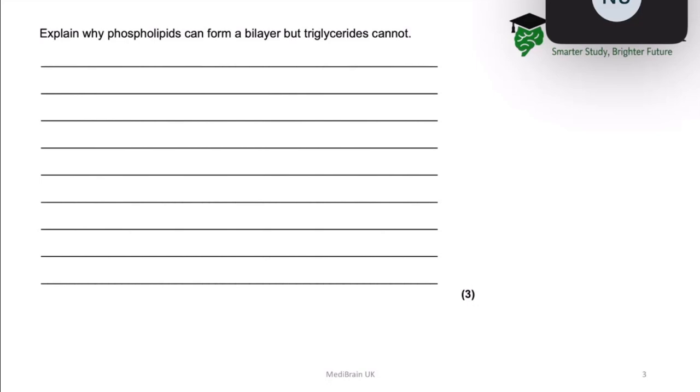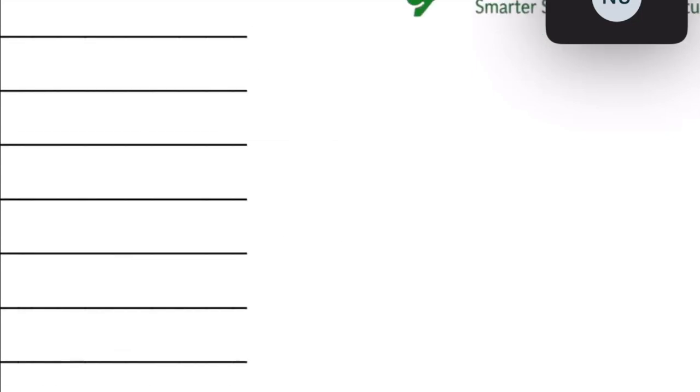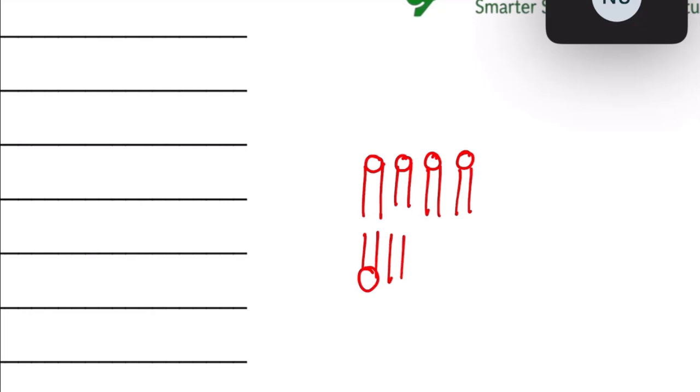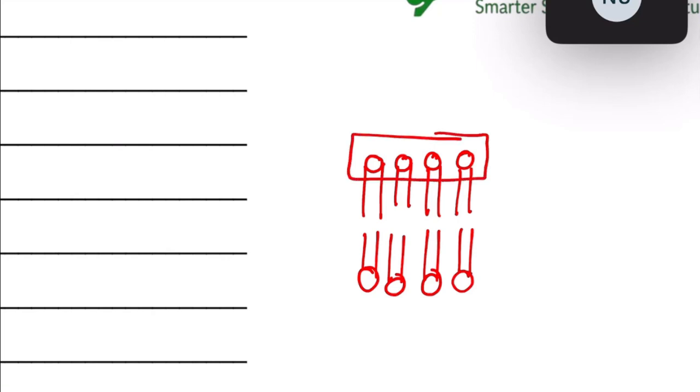Because there's a hydrophilic part in phospholipids, they are able to interact with water and they can form a bilayer, such as this. This is a very simplified diagram. What's happening here is that in our plasma membrane, the phospholipids line up at the edge of the membrane.